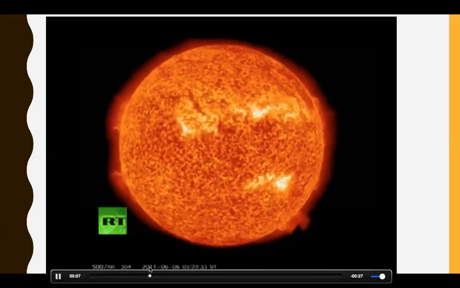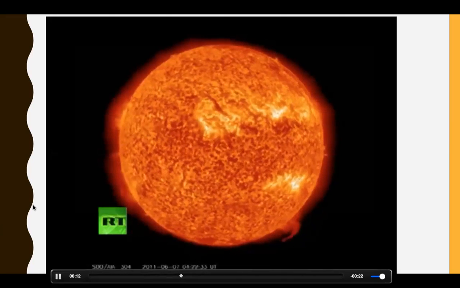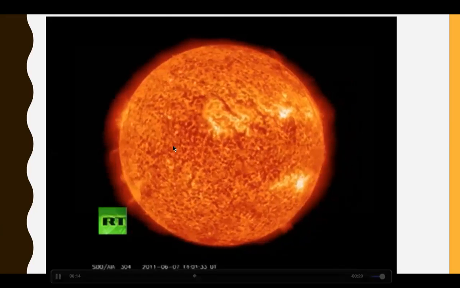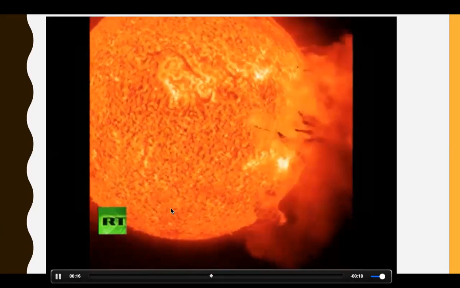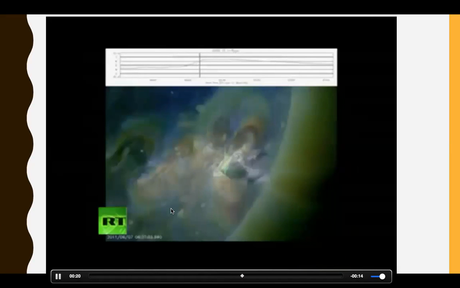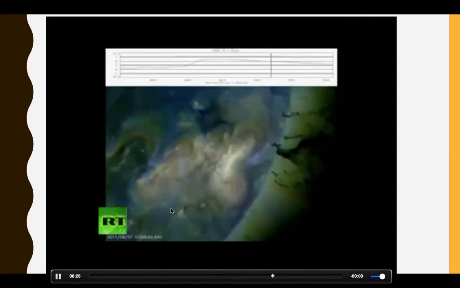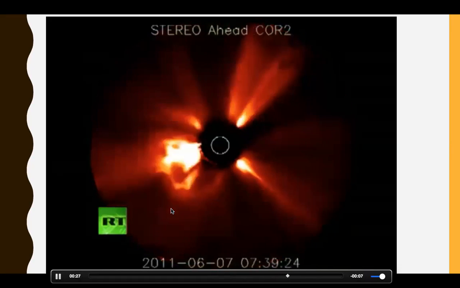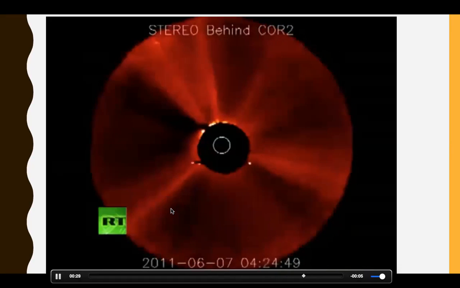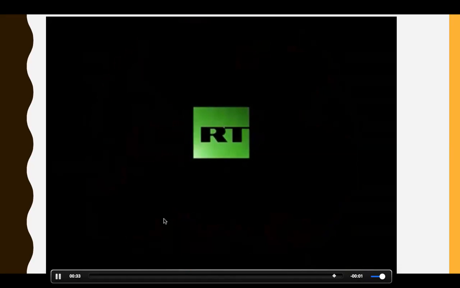So this was in 2011, at the beginning of the last sunspot cycle. There, you saw the flare there, boom. But you can see that most of the material sinks back down. Now, a lot of times, this is actually a coronal mass ejection, what you're seeing right now.